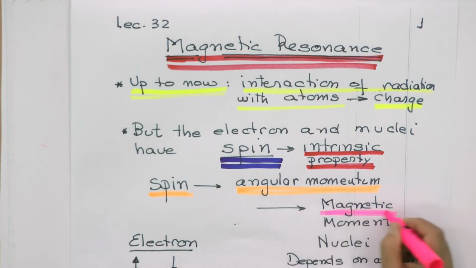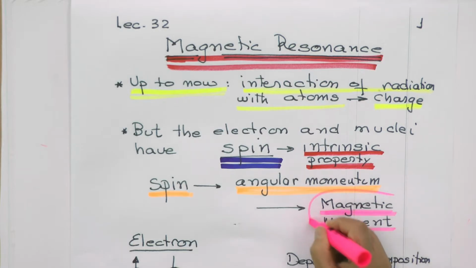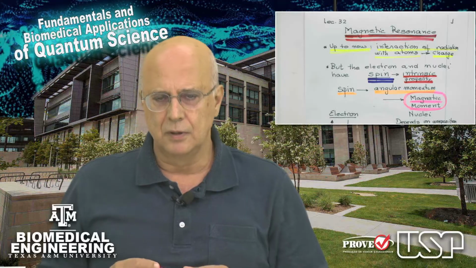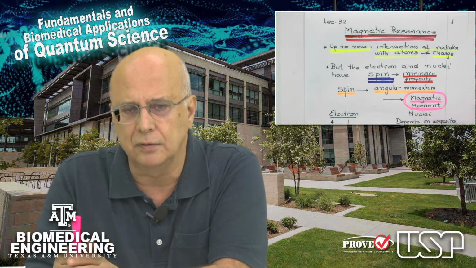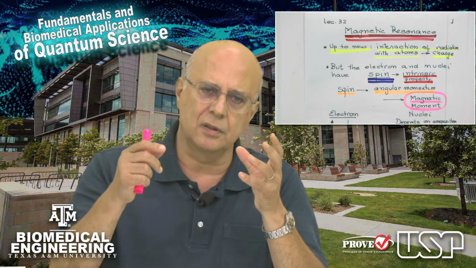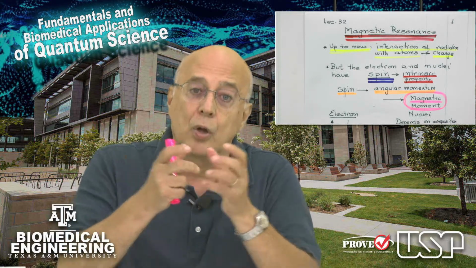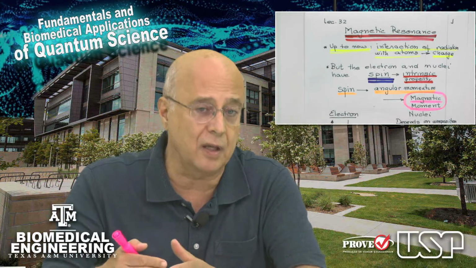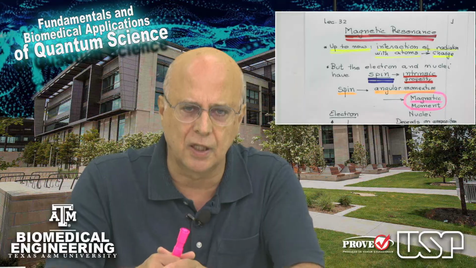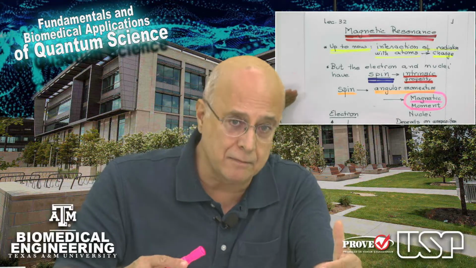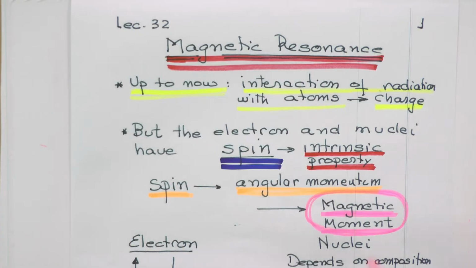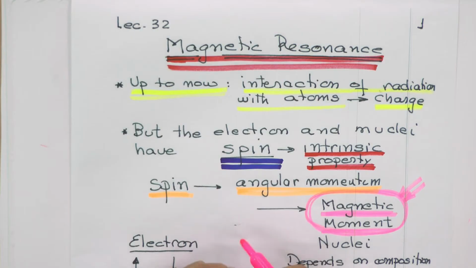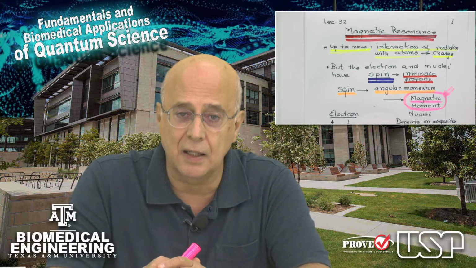This magnetic momentum is always present on the electron, and is always present in the nucleus. I know the nucleus is composed of nucleons, and then there will be a composition of those intrinsic angular momenta, giving the final momentum to the nucleus, which we call nuclear spin. But that ends up having a magnetic momentum. And that's what we are going to consider now: the presence of this magnetic momentum.